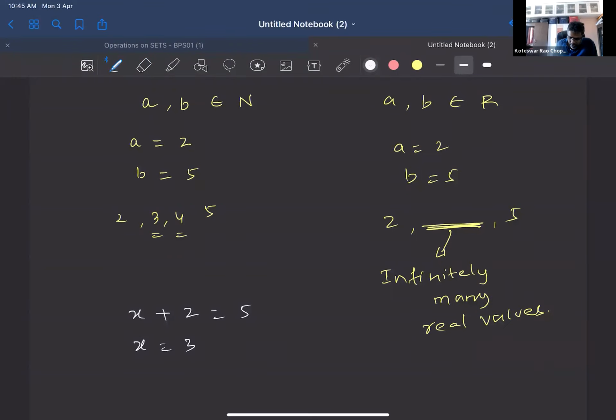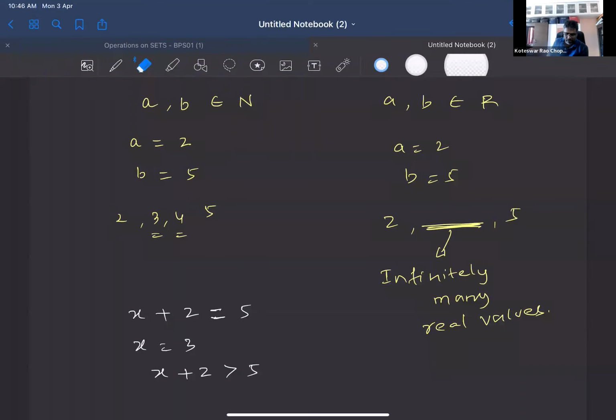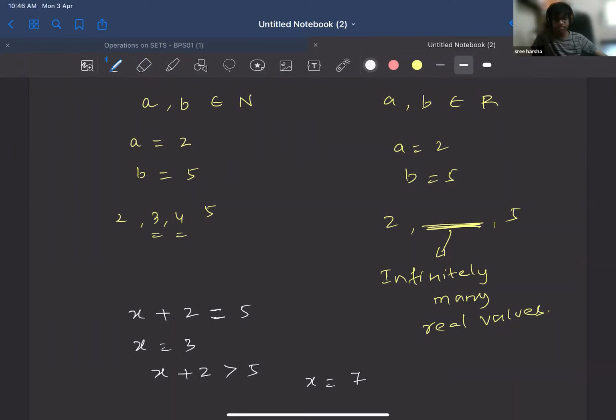But instead of equality, suppose I say x plus 2 greater than 5, then how many values can satisfy this inequality? Infinitely many, right? So what are they? 7. Yeah, so starting from 7, 7 can be your answer. Then 9 can be your answer. Can 7.5 be your answer? Yes, sir. 10.